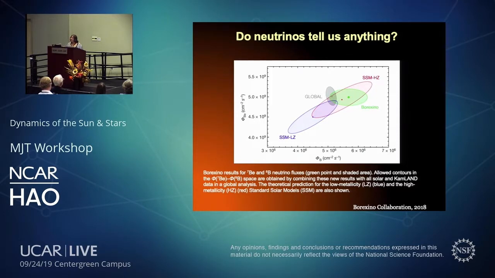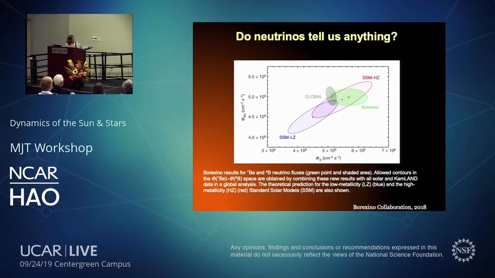Now, the errors are still too large, but if you look at just the PP neutrinos, then this is the high metallicity standard solar model. These are the low metallicity standard solar model. And the Borexino result is this green circle.